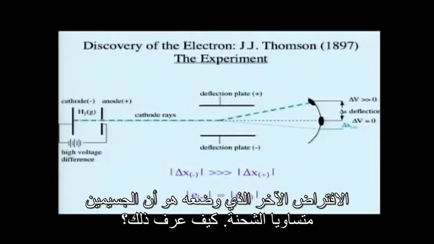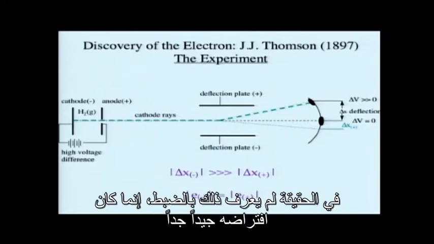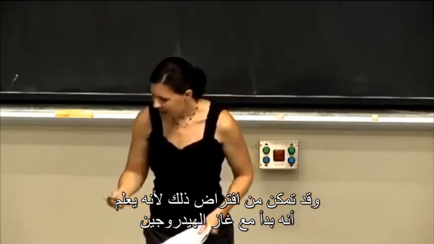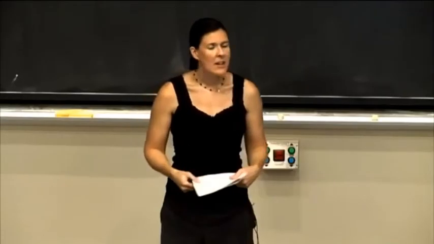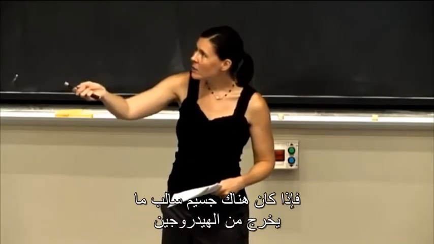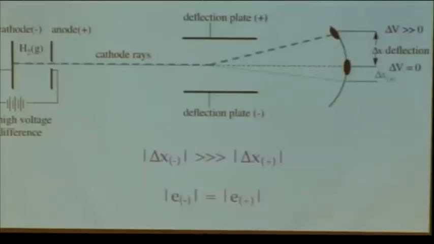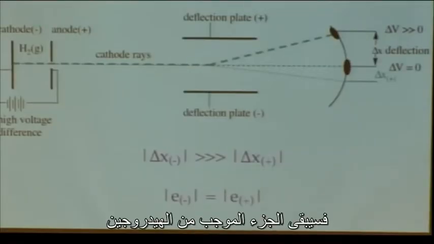So how could he know that the charge on the two particles was equal? And actually, he couldn't exactly know it. It was a very good assumption that he made. And he could make the assumption because he, in fact, did know that what he started with was this hydrogen gas. So he was starting with hydrogen. If some negative particle was popping out from the hydrogen, then what he must be left with is H+.